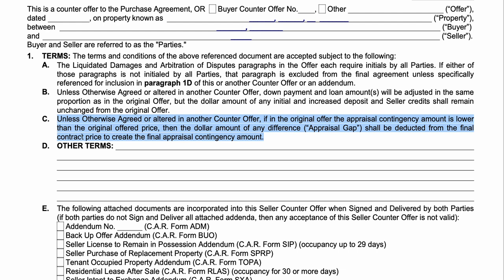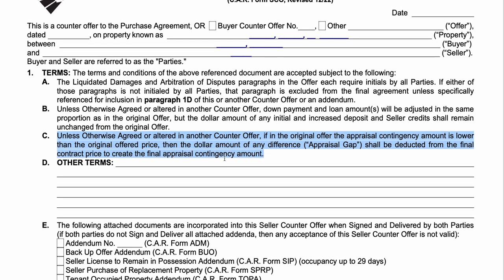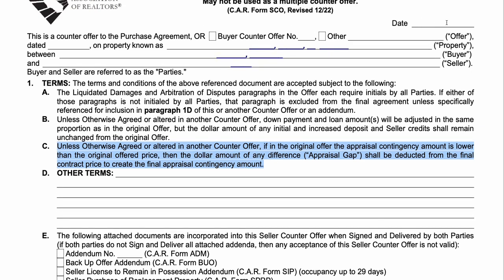Or you can write paragraph 1C of this seller counteroffer dated, and you put the date here if you really want to identify it, is hereby removed from this agreement.